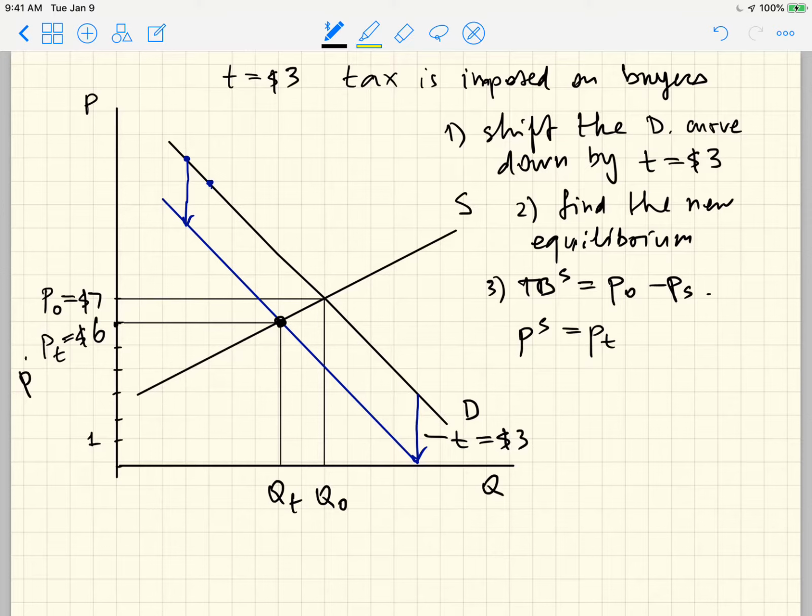So PS equals PT, and that means it's just $6. So tax burden on sellers, according to these numbers, is P0, which was $7, minus PS, which is the same as PT, which is 6, so it's just $1. So all set for tax burden on sellers.